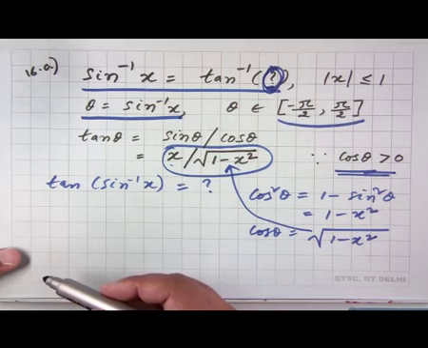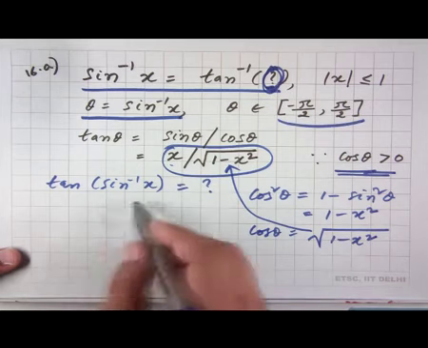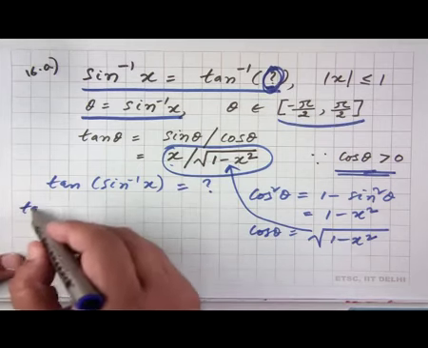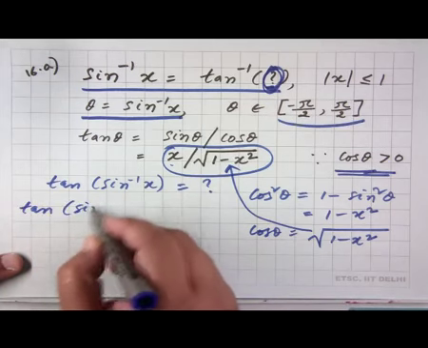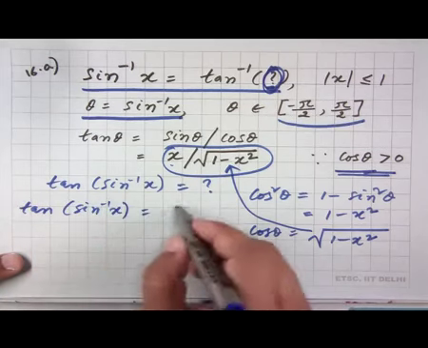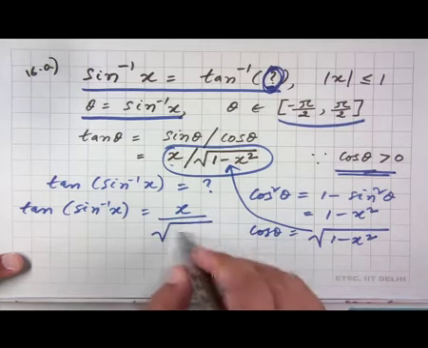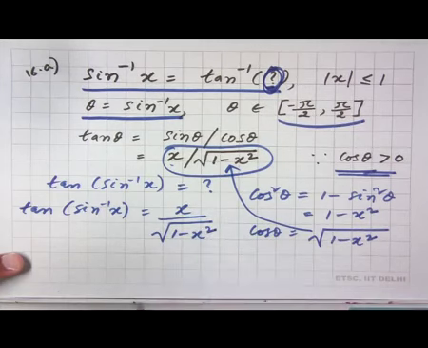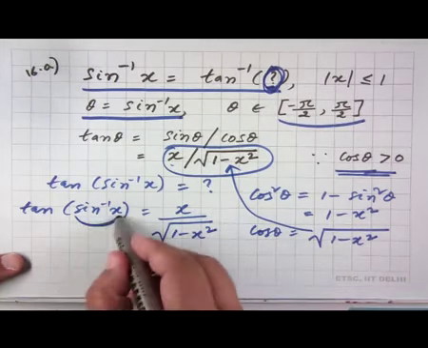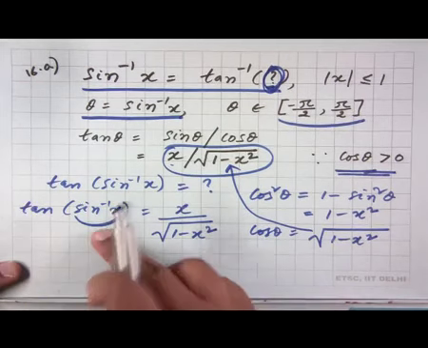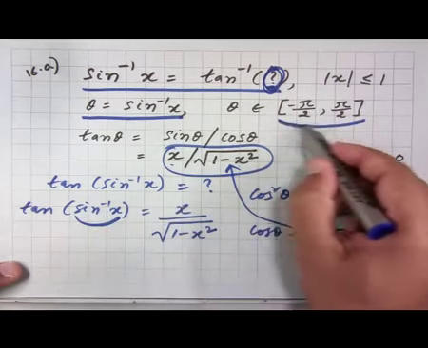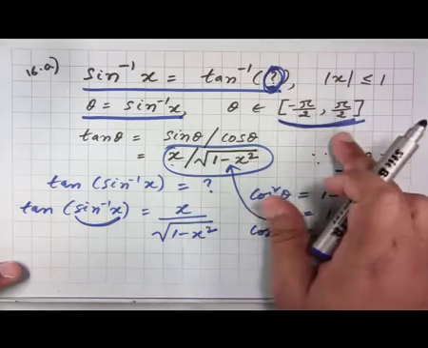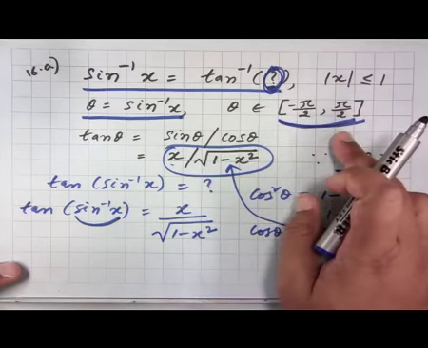minus x square. And so, if you want to write it cleanly, we can write it as tan of sine inverse x equals x over root of 1 minus x square. And now, this sine inverse x will obviously belong to this interval, and this interval also happens to be the range set of tan inverse.